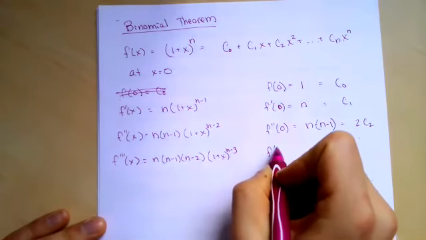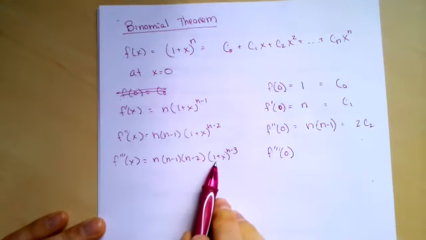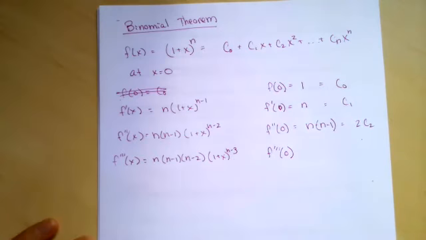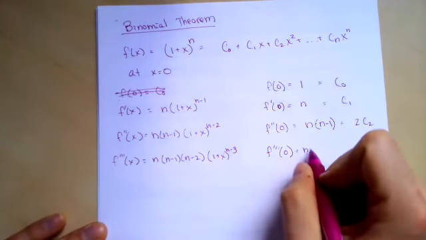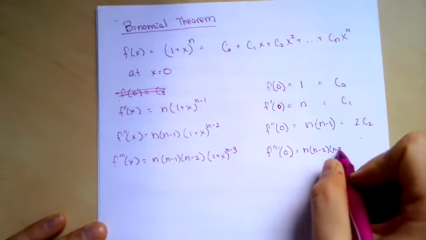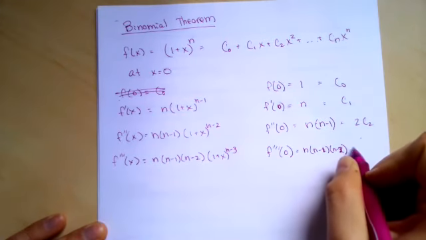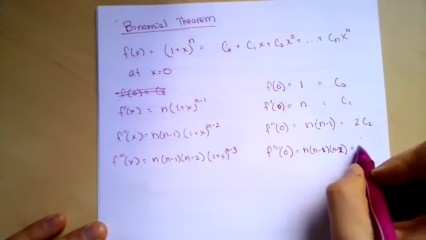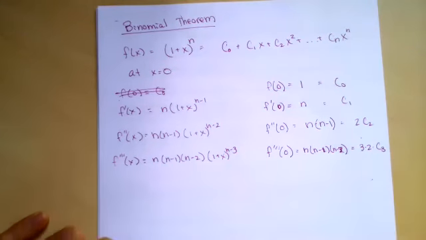And every time I evaluate at 0, this term is always going to be 1, because it'll be 1 to some power. And all that's going to remain are these constants, n times n minus 1 times n minus 2. And that's going to be our 3 times 2 times C3.